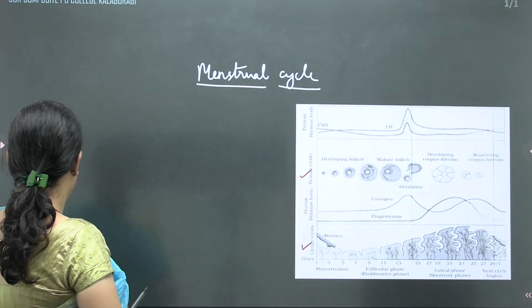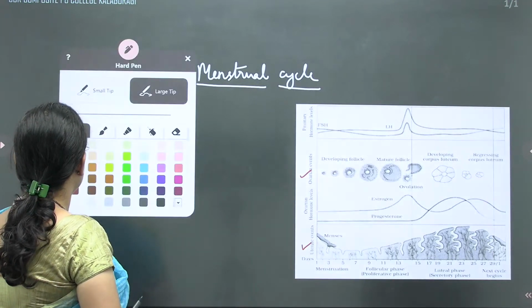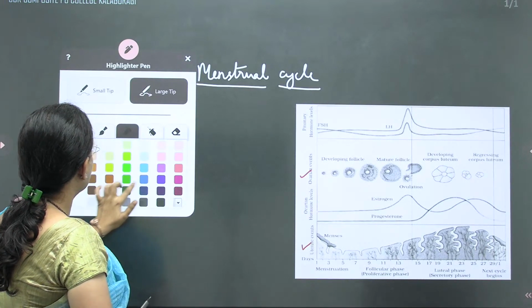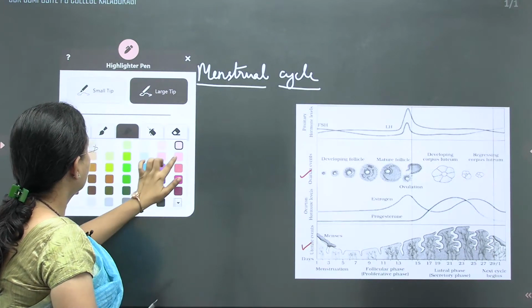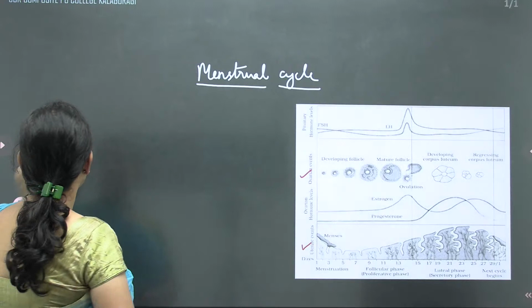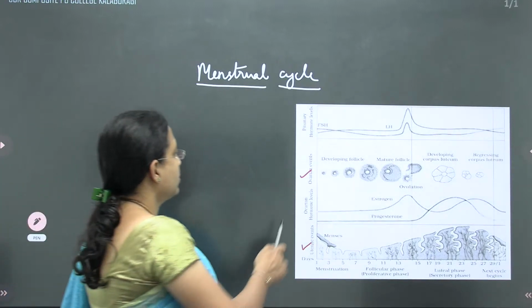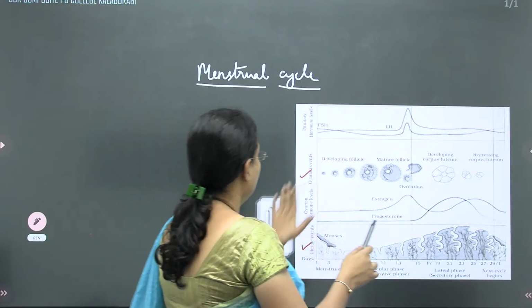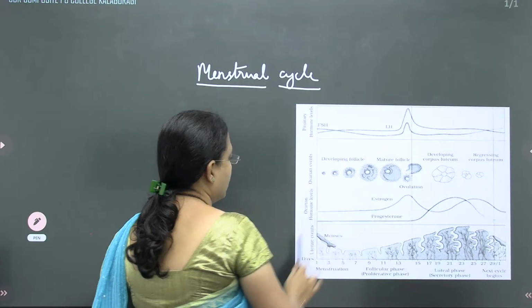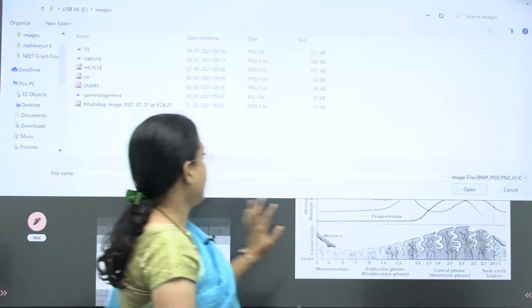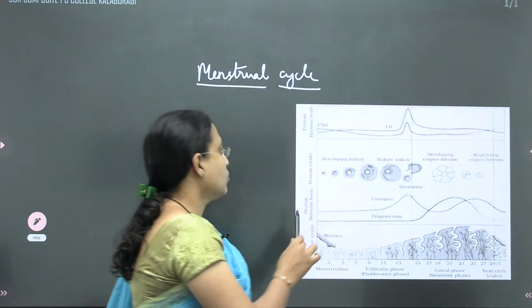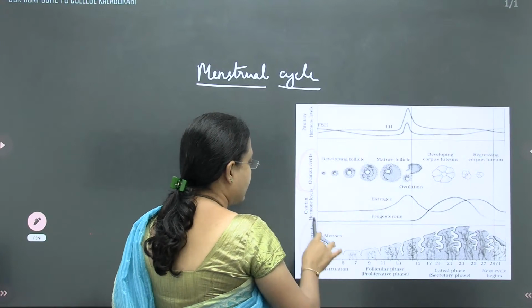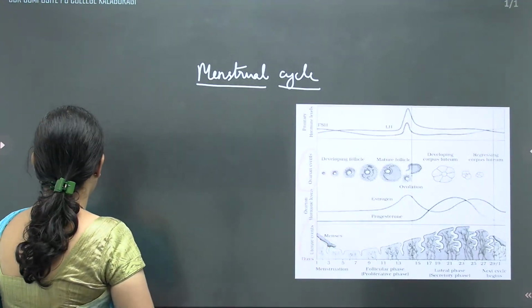So this is the ovarian event occurring, and therefore, two events which are important are the ovarian event, and the next is the uterine event.